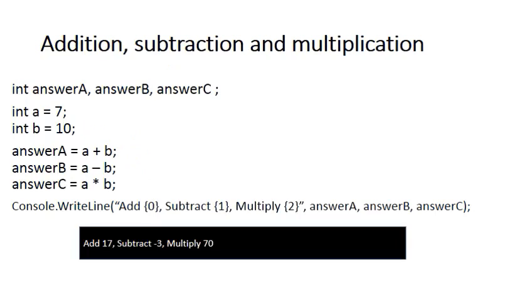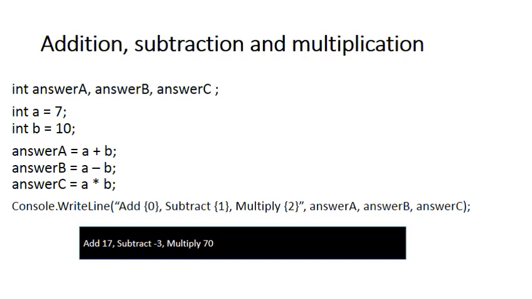The 3 easy operators to use are addition, subtraction and multiplication, because it's very similar to math, actually exactly the same. There's nothing tricky to it. We've got 2 variables a and b. One is 7, the other is 10. And then I assign a plus b to answer a, minus b to answer b, a times b to answer c.